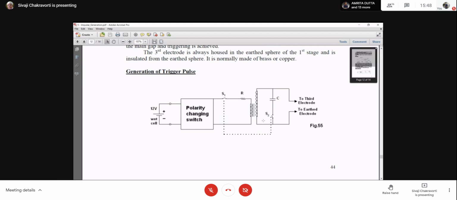So when S1 is closed, S2 is also closed. So whatever be the voltage that is generated in the secondary side, this capacitor is uncharged. And you know, an uncharged capacitor always acts as a short circuit. So the secondary will be short circuited. So this voltage will not go to the third electrode.